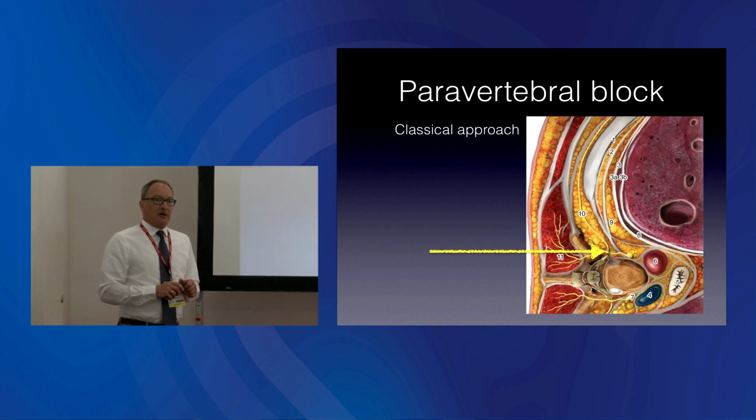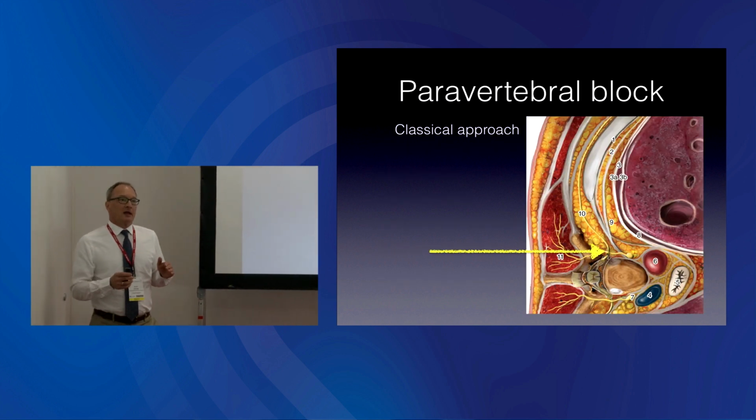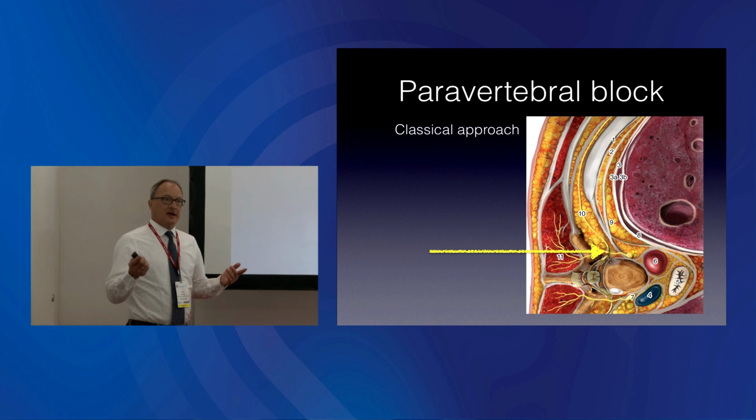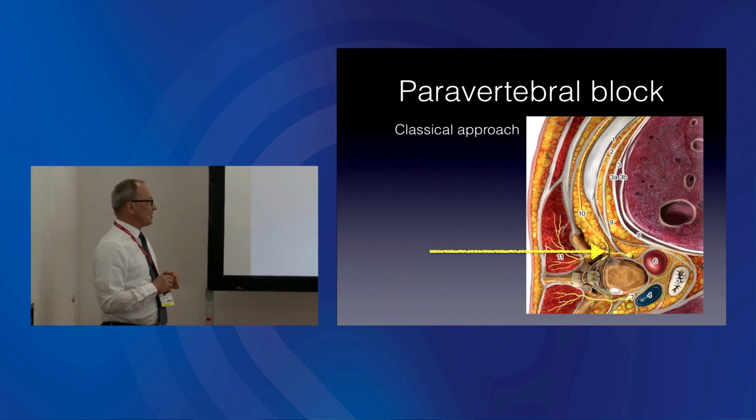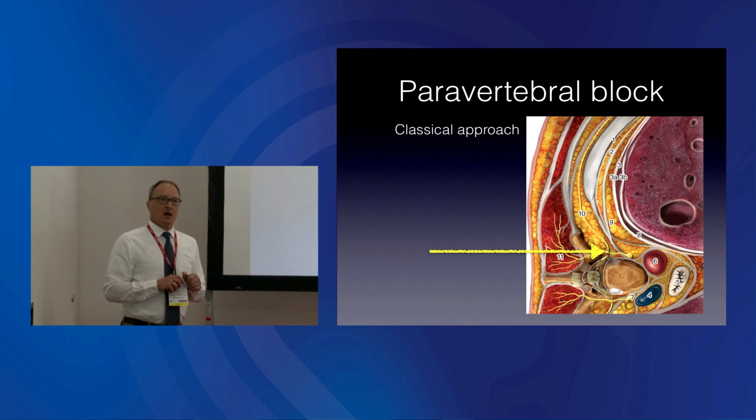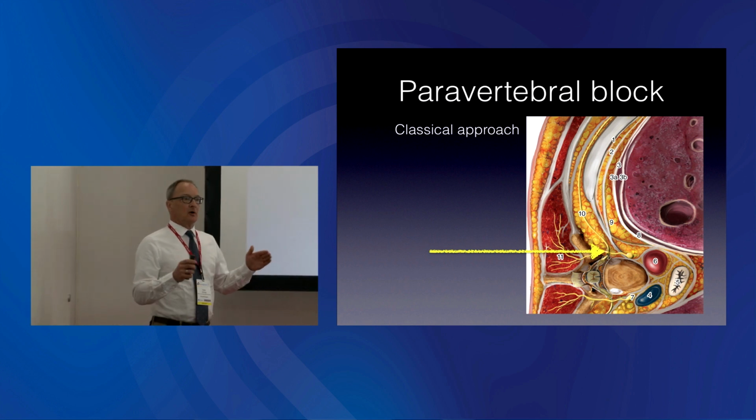Now, the problem with the paravertebral block is one thing. If you think back at your textbook knowledge, the classical approach of a paravertebral block is from the back, either by landmarks or with ultrasound.